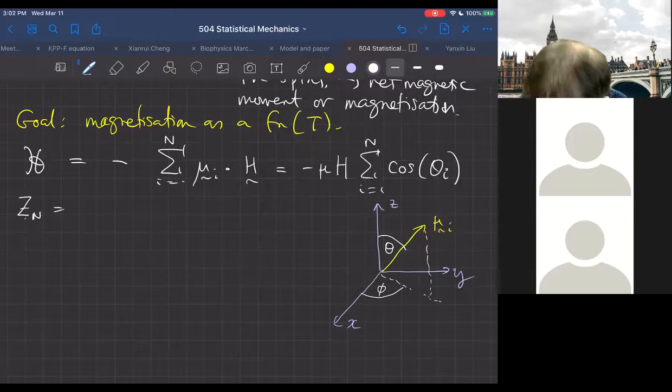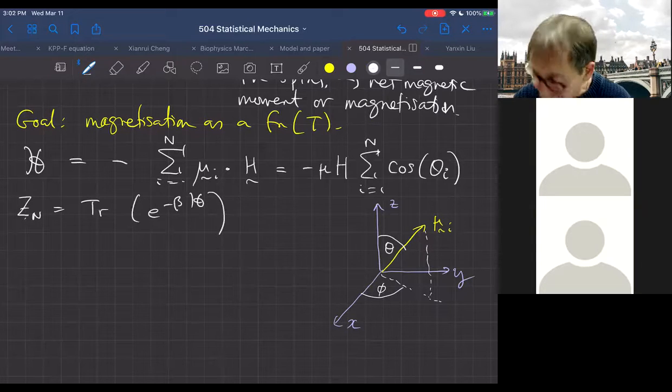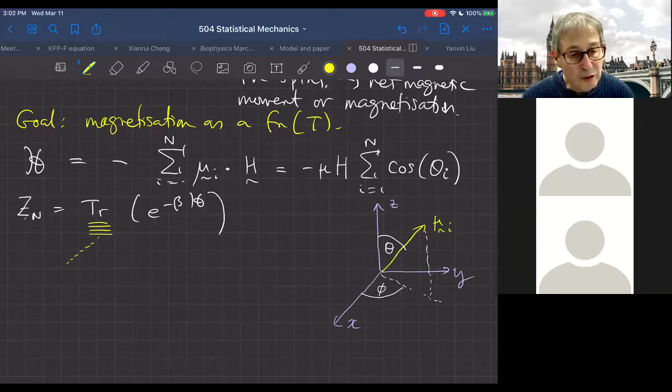So Z for n spins is the trace of e to the minus beta H. I want to say what I mean by this terminology, trace. What trace means is adapted from quantum mechanics.